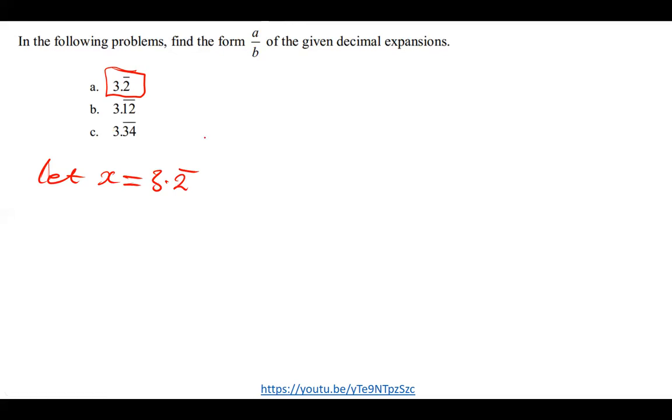After doing that, you have to move the decimal point closer to the repeating number. In this case, 2 is repeating. And since the point is already close to the repeating number, which is 2, we skip that step. So step 1, move the decimal close to the repeating number.